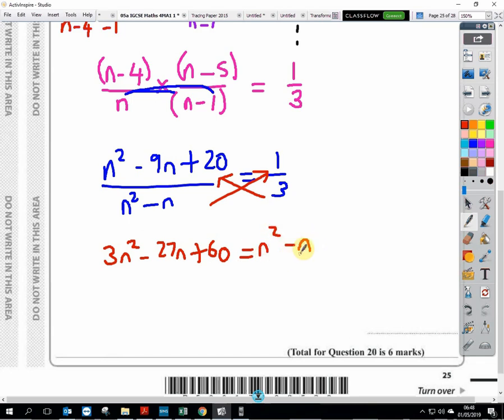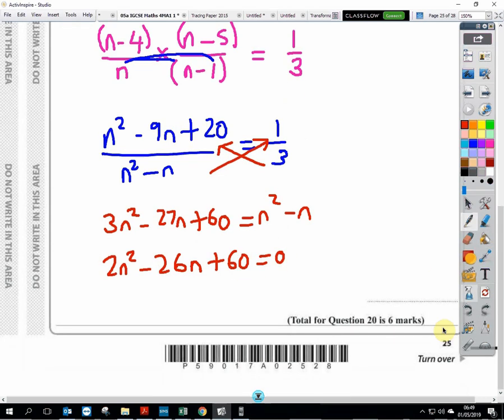This is a quadratic. It should equal 0. So if we do a bit of rearranging, we end up with 2n squared minus 26n plus 60 equals 0.